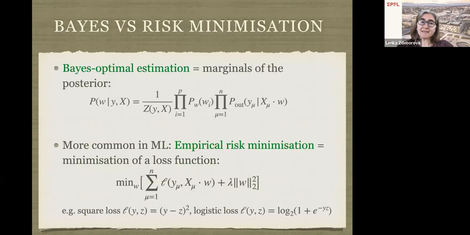That Bayes optimal estimation is, of course, somewhat different from the usual empirical risk minimization, where we simply postulate some loss function and some regularization and minimize over the weights, then take the minimizer and evaluate on that minimizer.